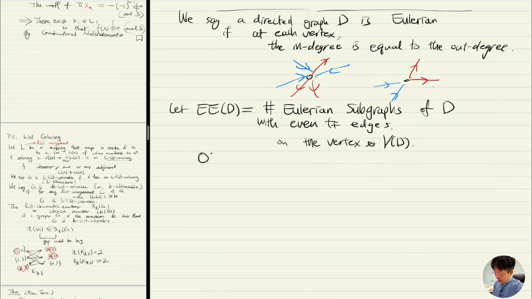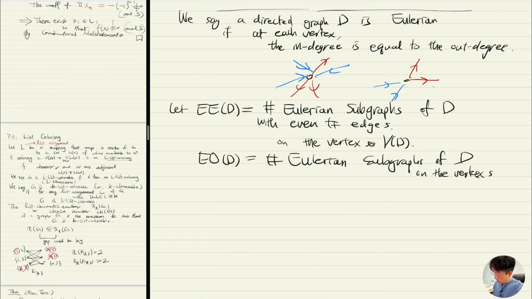and EO(D) is the number of Eulerian subgraphs of D on the vertex set with an odd number of edges.